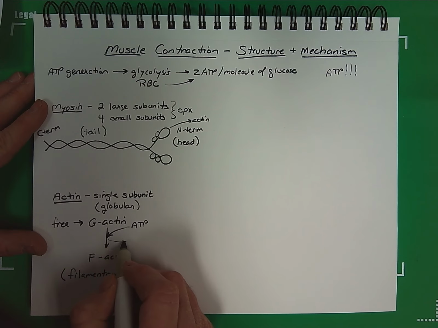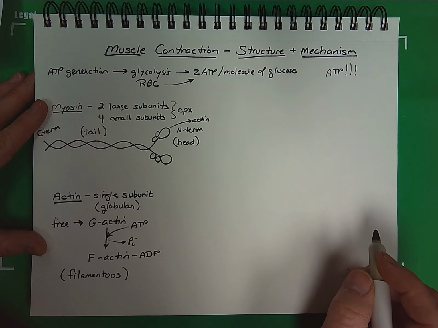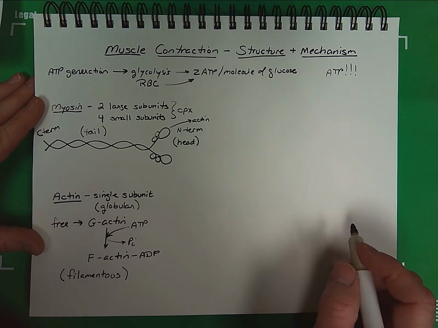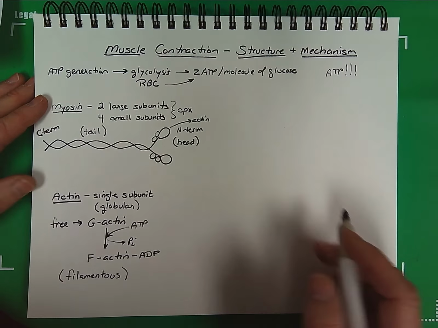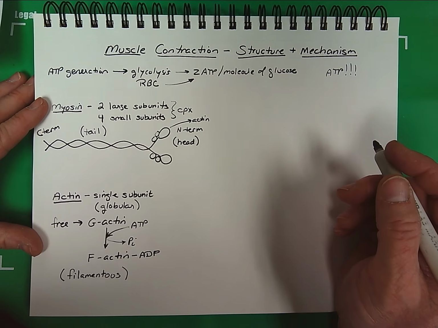The ATP is hydrolyzed, releasing the inorganic phosphate. The F-actin maintains the binding to the ADP. Now let's take a closer look at the structure of how these subunits come together so that they can perform their interaction.